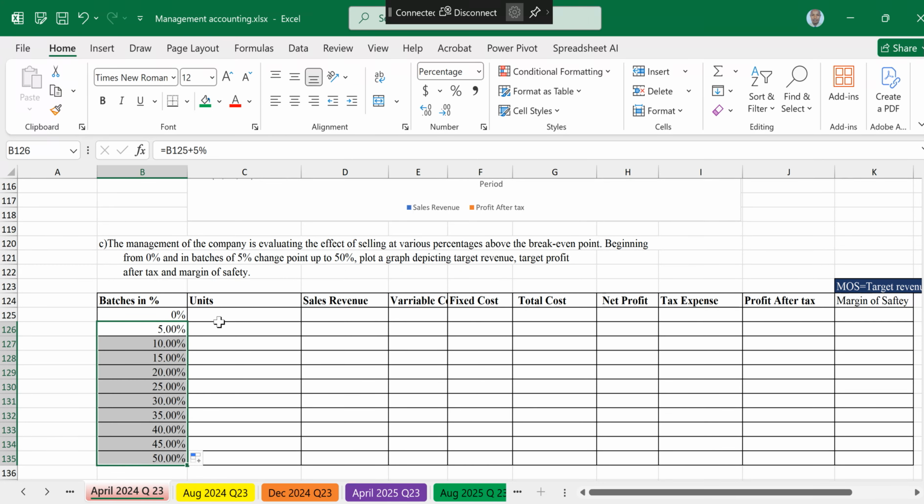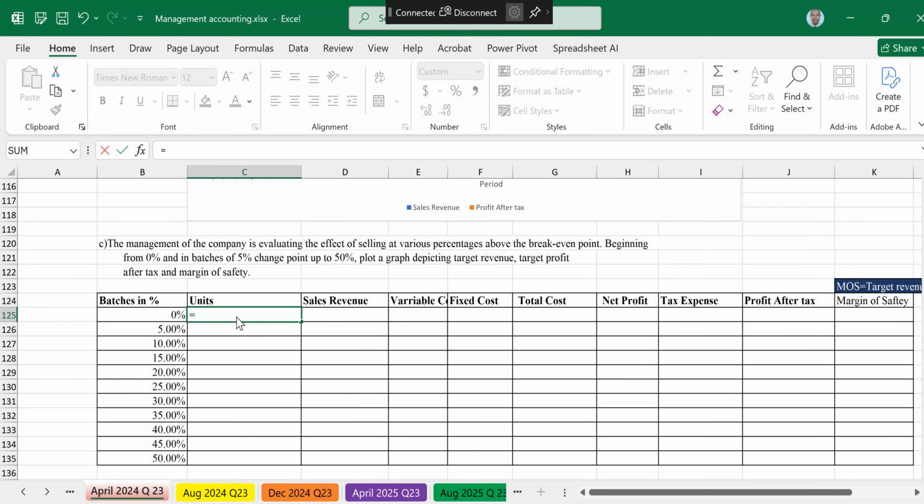Now the units. The management of the company is evaluating the effect of selling at various percentages above the break-even point. So what was the break-even point in units? 10,000. Remember, the break-even point was 10,000.